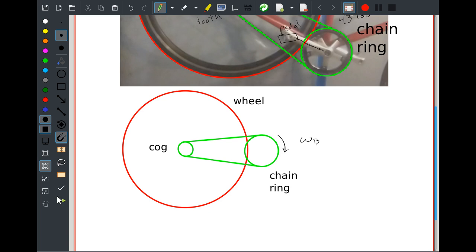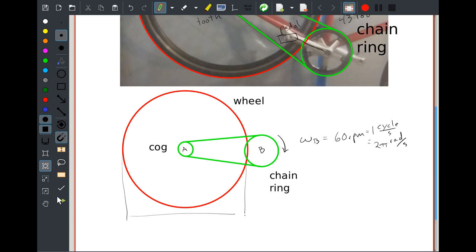We'll call this B, and we'll call this A. That omega B is 60 rotations per minute, which is 1 hertz, 1 cycle per second, or also 2 pi radians per second. So that's how fast I'm pedaling the bike. And what I want to know is how fast is the bike traveling.